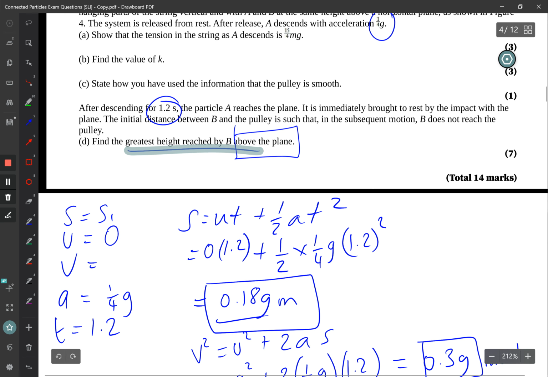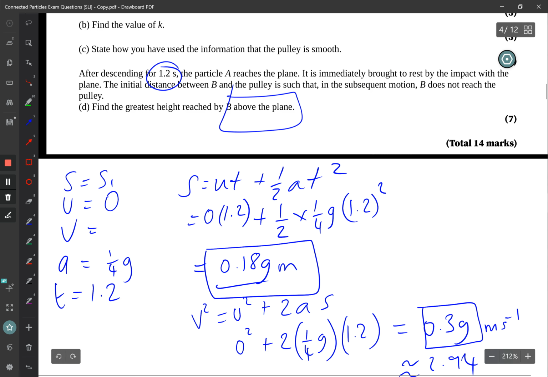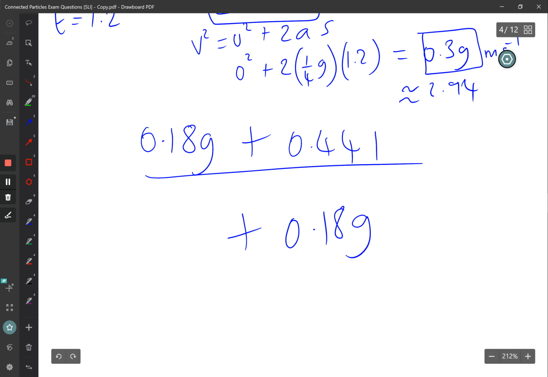I think it's a bit tricky that they're asking you that. I don't know what it's testing there. So we actually need to add this distance twice. So we figured out this distance traveled, so then we also need to add another 0.18 g. Put that all in a calculator, turn g into 9.8, and then you end up with your final answer, which is 3.969, which is roughly 4 meters.